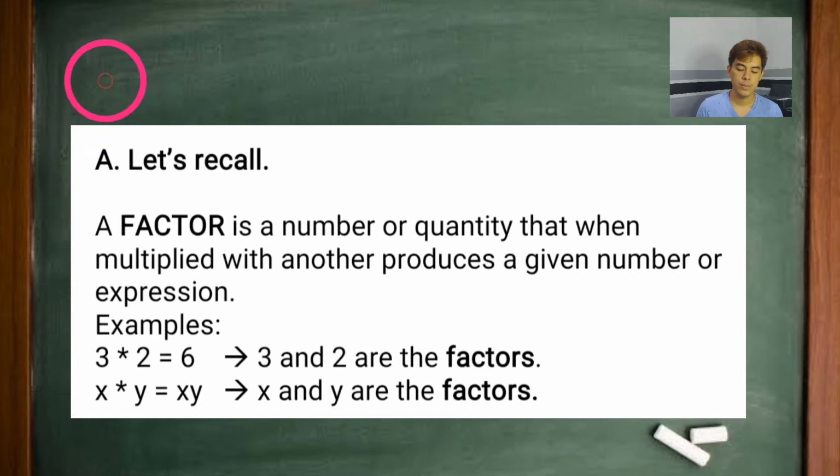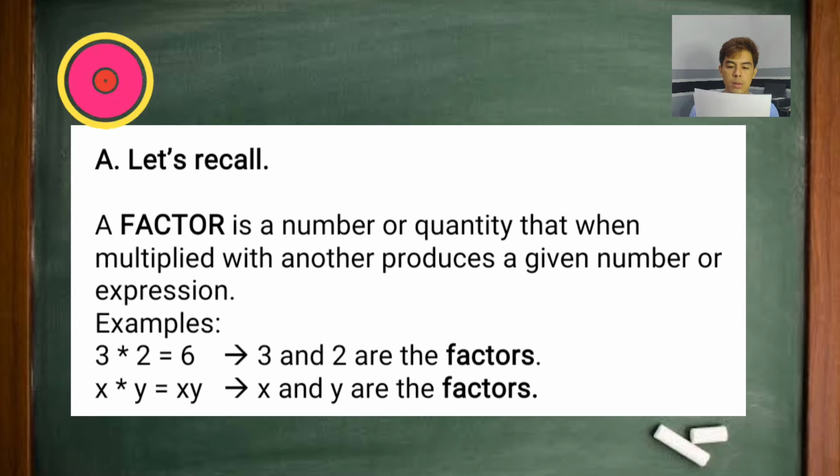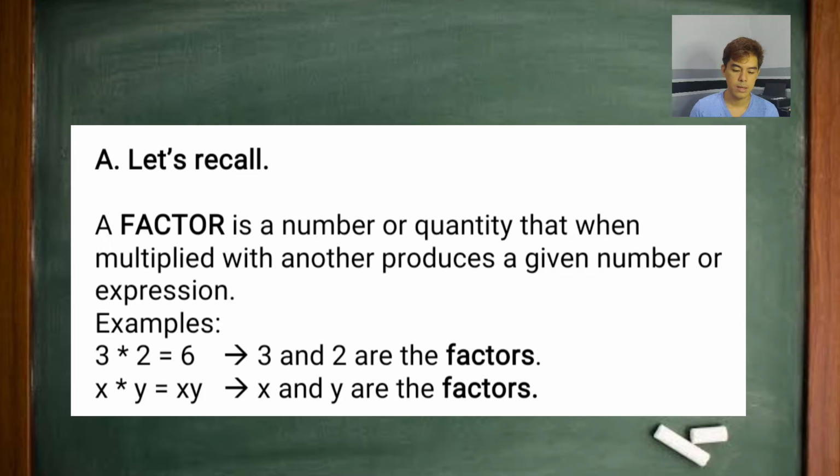Let us recall, a factor is a number or quantity that when multiplied with another produces a given number or expression. For example, pag pinag-multiply ang 3 at 2, ang makukuha ay 6. Therefore, 3 and 2 are factors of 6. Ganun din kapag pinag-multiply ang x at y, ang makukuha ay xy.